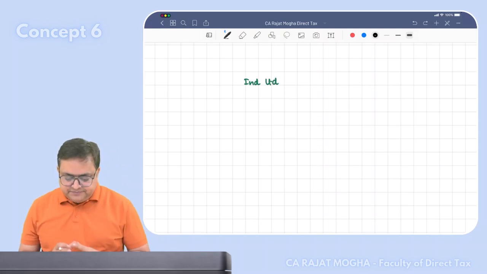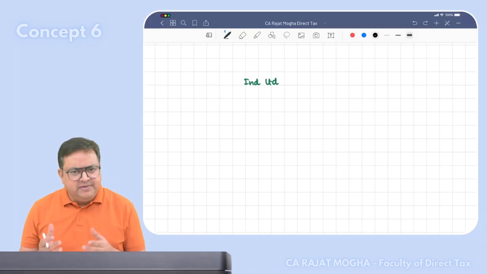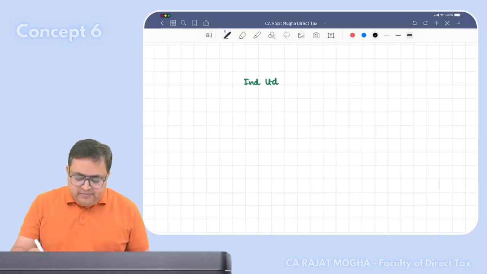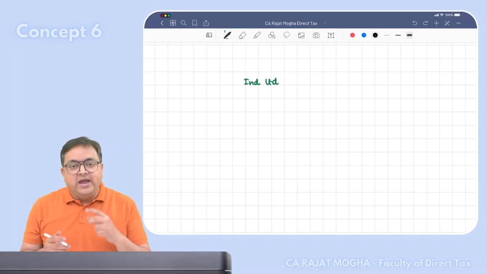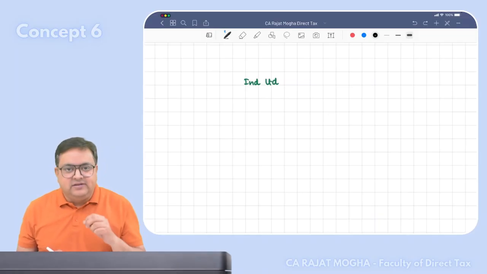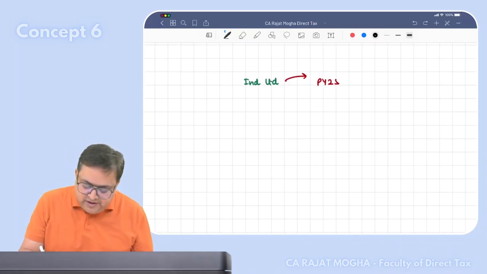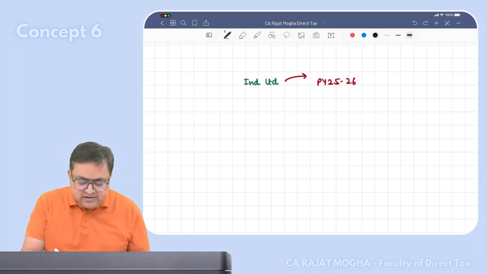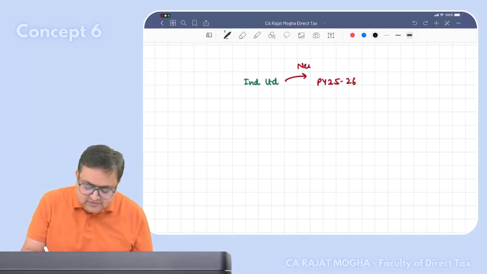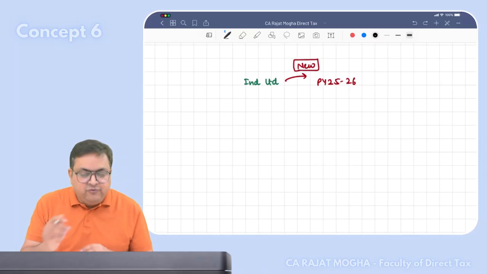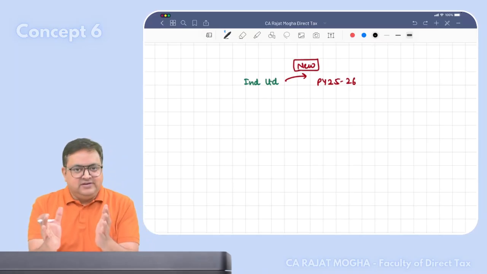Let's say they are based in Chennai. So Limited would like to enter into a very new transaction, somewhere in previous year 25-26. Let's say they have not yet entered. They have not yet undertaken it. It's a very fresh transaction.